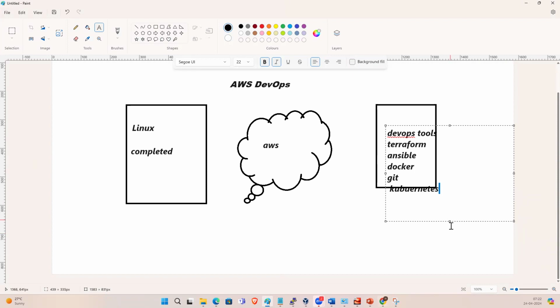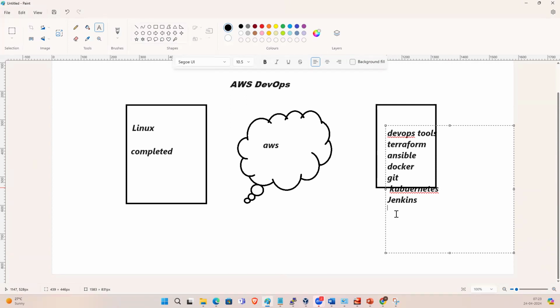Yeah, guys, tell me. Jenkins, Terraform, Ansible, Docker, Kubernetes, Git, Jenkins.